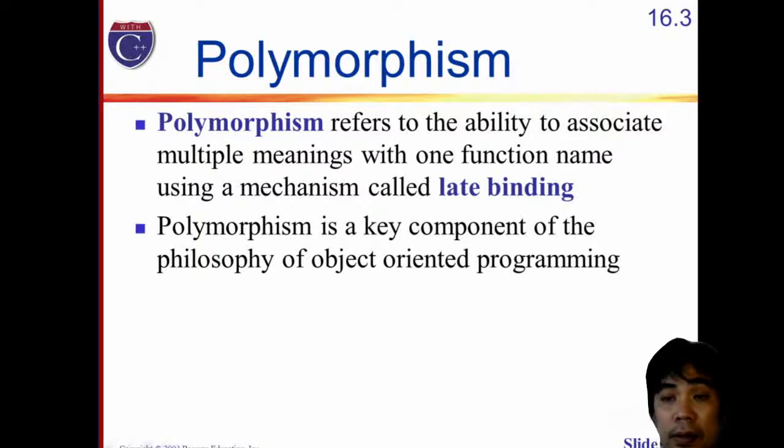Another topic in chapter 16 is polymorphism. Polymorphism is the ability to associate multiple meanings with just one function using a mechanism of late binding. For example, animals.